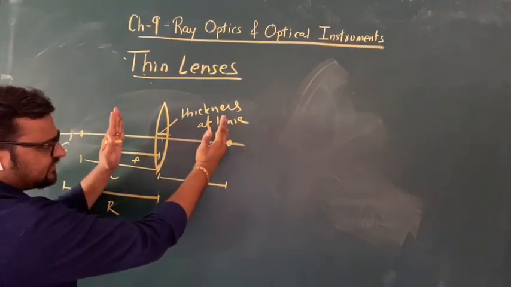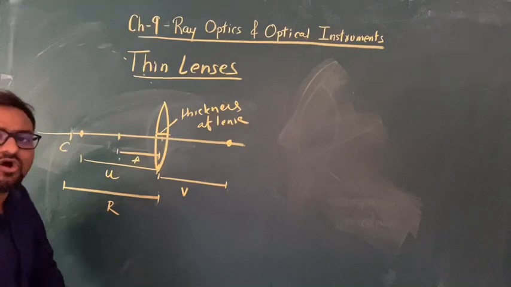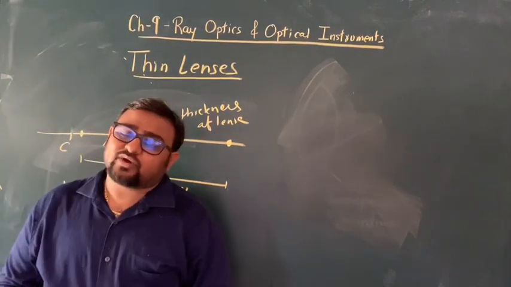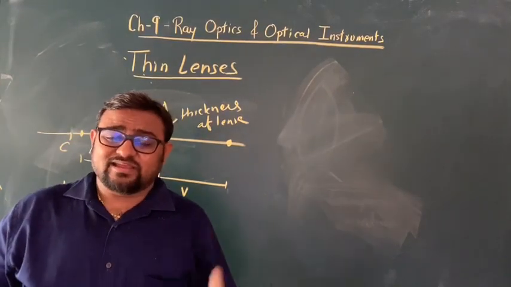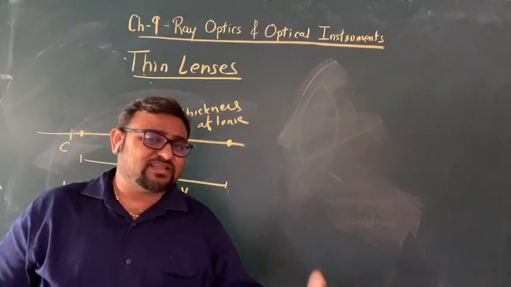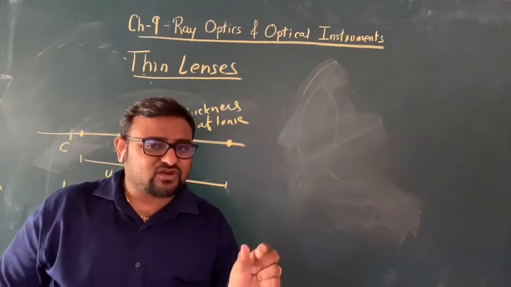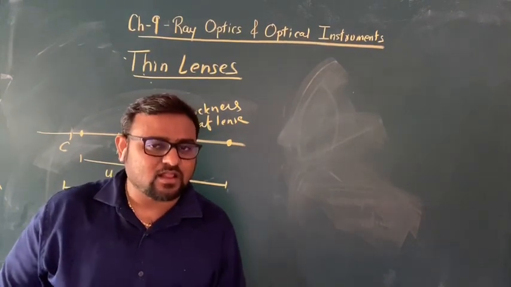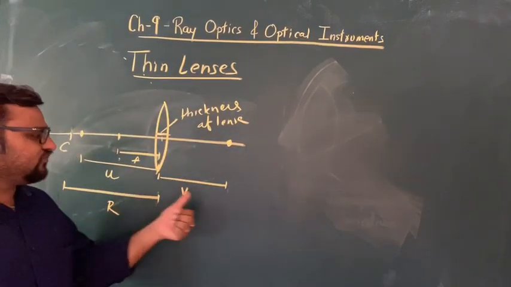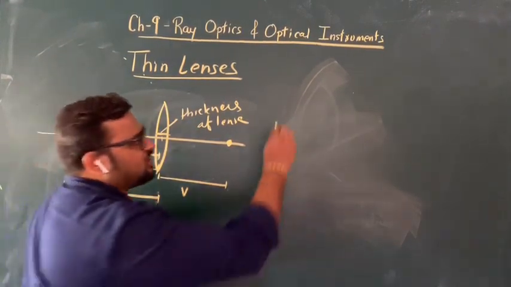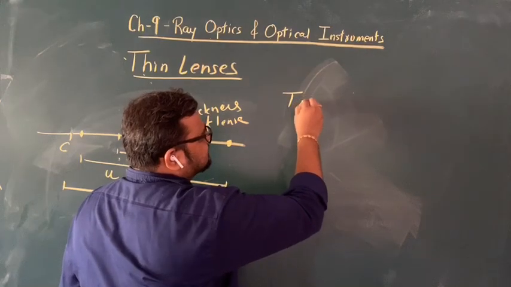Compared to that, the thickness is very small, right? So what is a thin lens? A lens can be said to be thin if the thickness of the lens is negligible compared to u, v, and R.